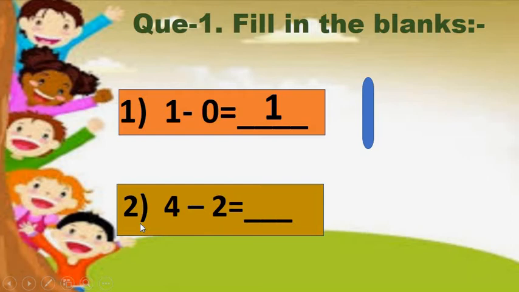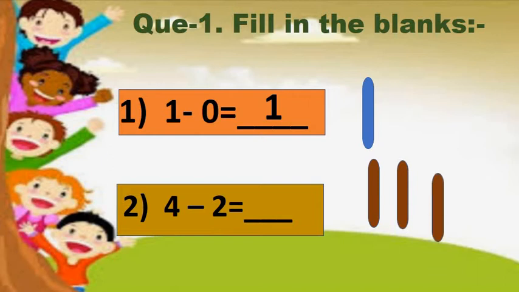Next is number 2, 4 minus 2. This fill in the blanks belongs to subtraction. To subtract means take away or cross out. Okay? Let's see how can we solve this. 1, 2, 3, 4.